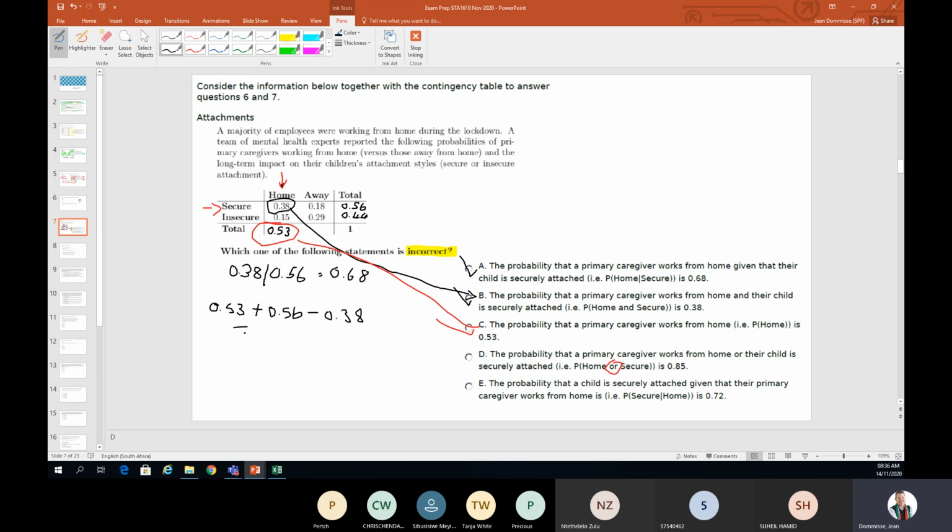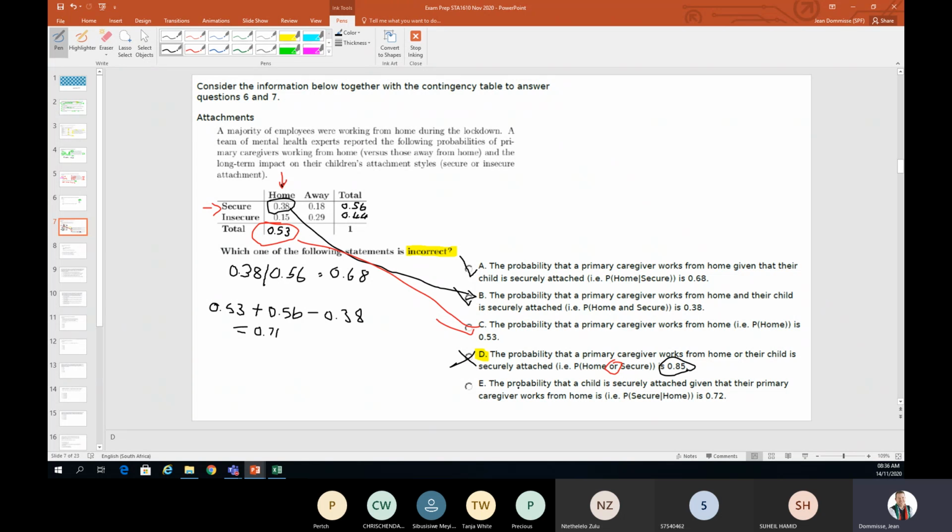So it is the probability of the one plus the probability of the other one minus the and. That would give me 0.71. Okay, so that one is the incorrect one. It should be 0.71.